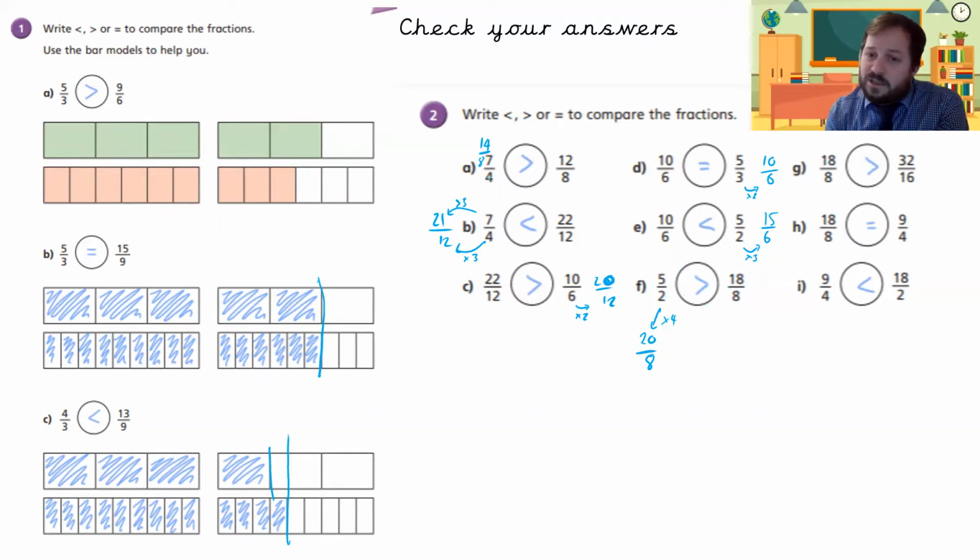And you can see it's just a matter of seeing which number fits into which one in order to find out. So 8 fits into 16, so it's timesing by 2. 2 lots of 18 are 36. And 36 is larger than 32. 4 goes into 8 twice, means I've got to times 9 by 2 as well, which gives us 18, which means they're the same.